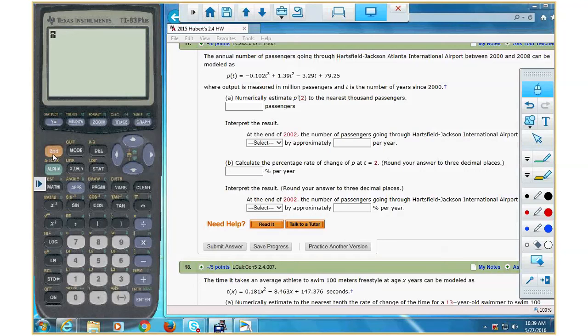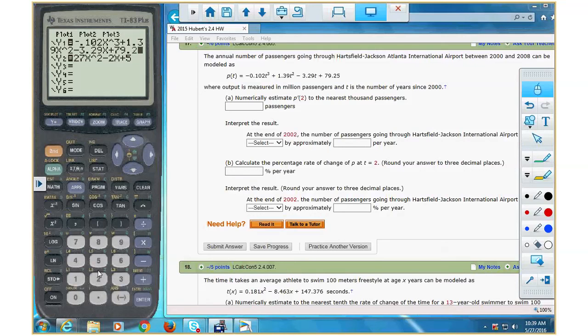So y is equal to negative 0.102 x cubed plus 1.39 x squared minus 3.29 x plus 79.25.